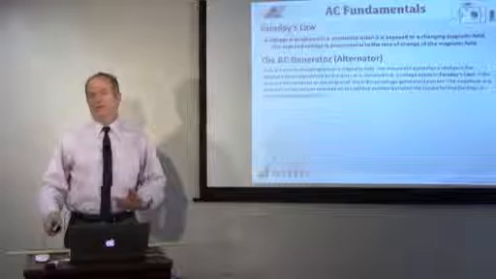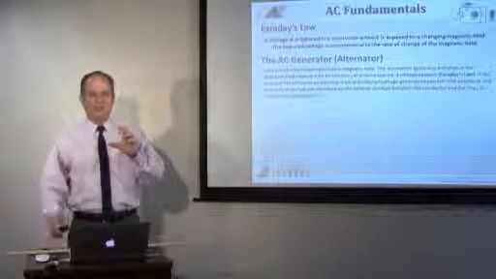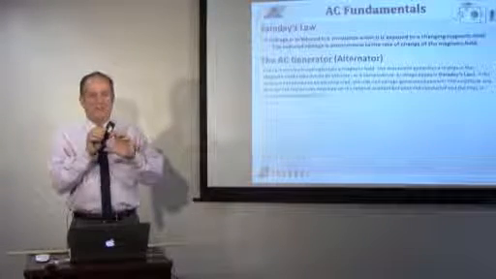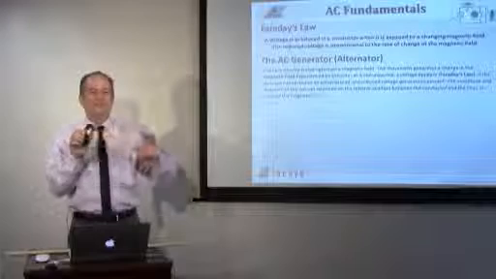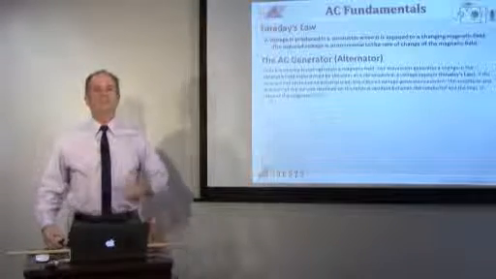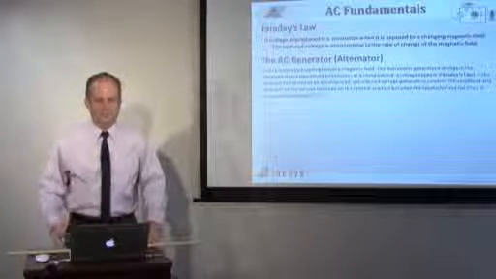Or you can have the coil stationary and have a moving magnetic field and create a voltage. Doesn't matter. As long as there is a relationship of change between the magnetic field and the conductor, Faraday's law says that a voltage will be produced on that conductor.